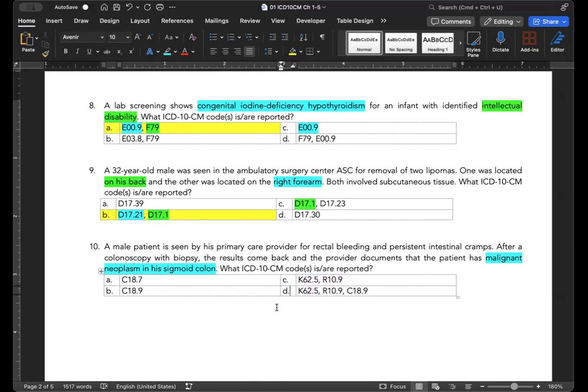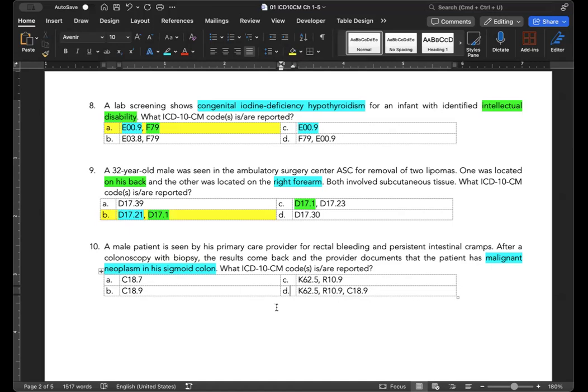So let's go to our table of neoplasms and find the malignant neoplasm of the sigmoid colon. So where do we want to go, anatomic location? Intestine. Yep, we can jump directly to there.